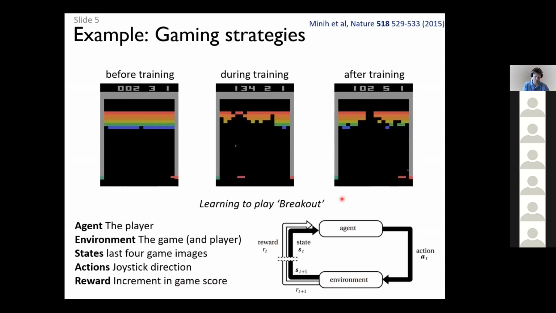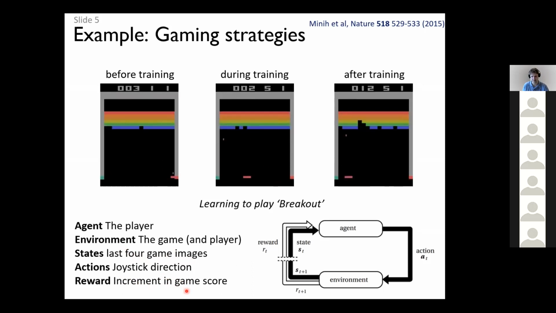And what's remarkable with this study is that they used exactly the same setup for playing 50 different games. So they used the same state, game images, and same reward, that is the game score.